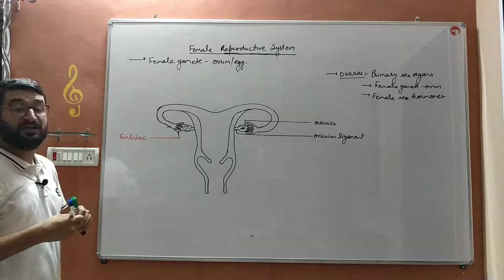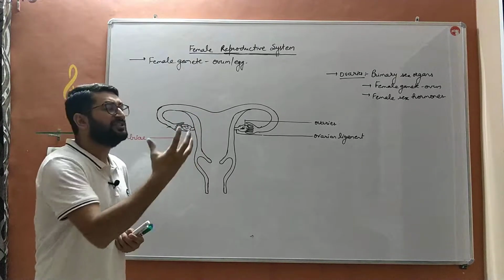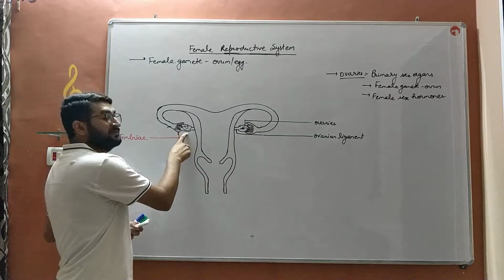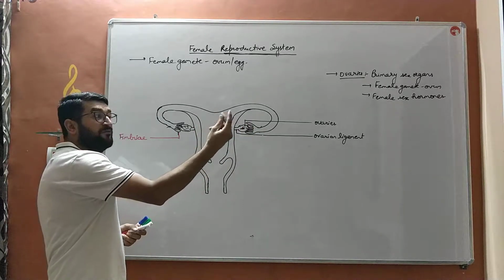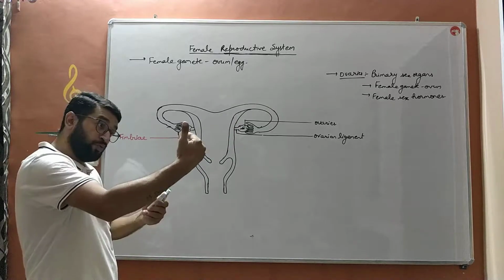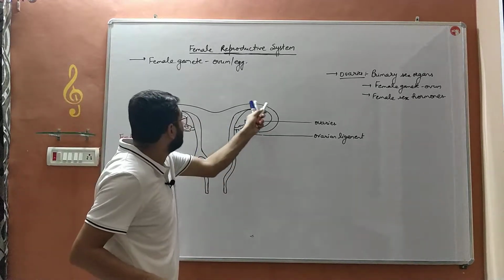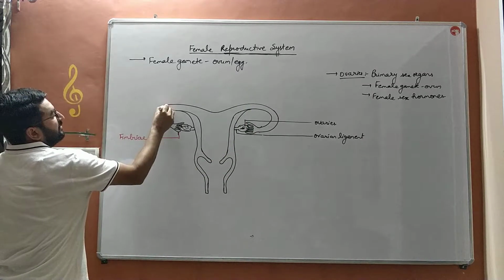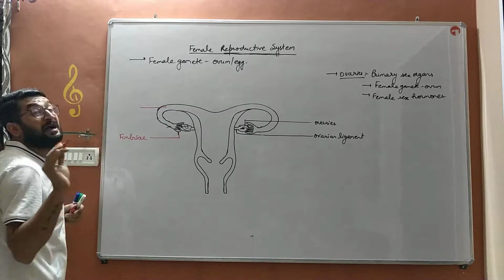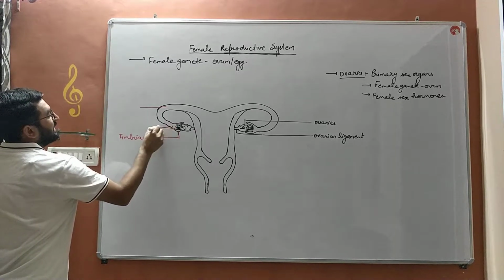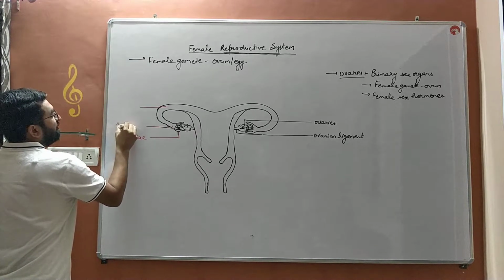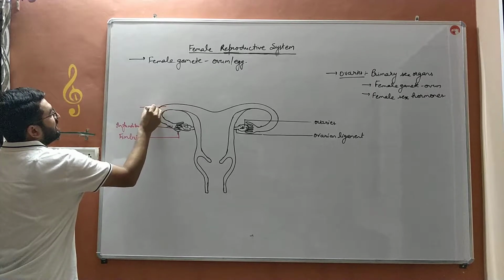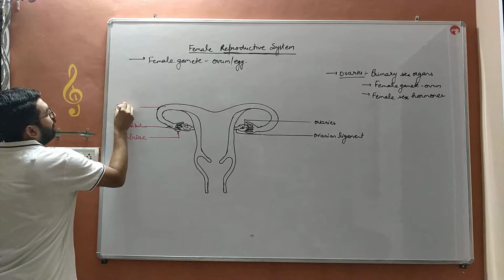What is the role of these finger-like fimbriae? These fimbriae will catch the ovum from the ovaries. They receive the ovum from the ovaries and help the ovum to move inside this duct. This duct is known as oviduct, which has 4 parts. The first one is this cap-like structure, infundibulum. The second one is ampulla.